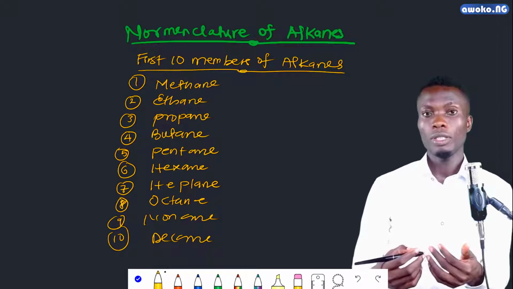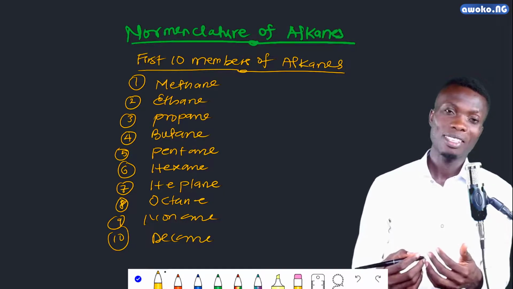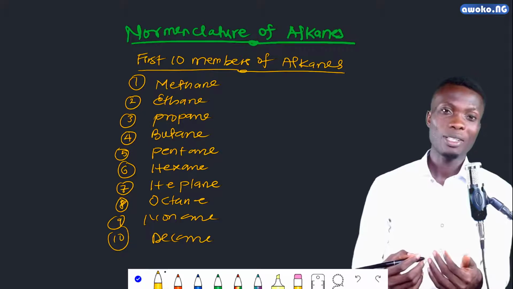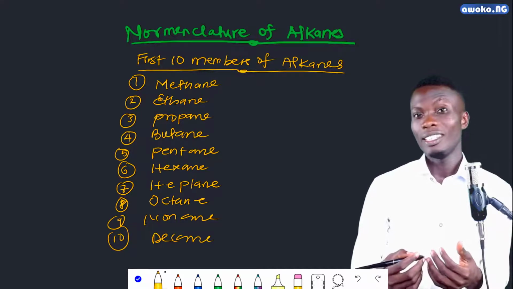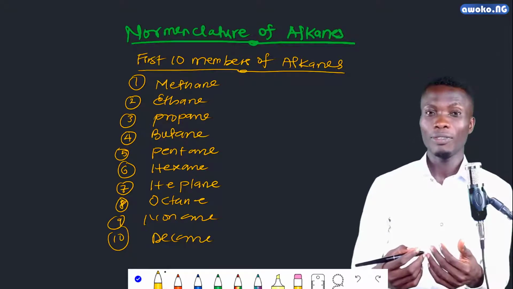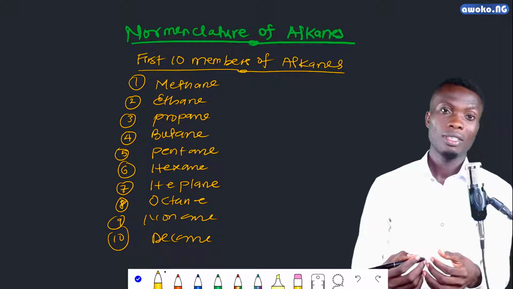So all the names we are going to be doing here, we are going to be adopting the IUPAC system of nomenclature. And trust me, by the time we are done with this section, you should be able to find nomenclatures in alkanes very easy, or it will just be at your fingertips.